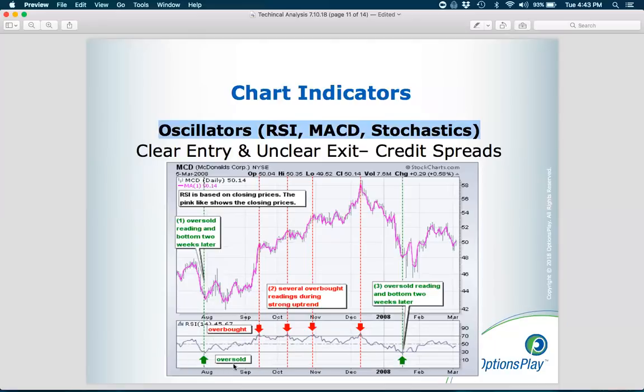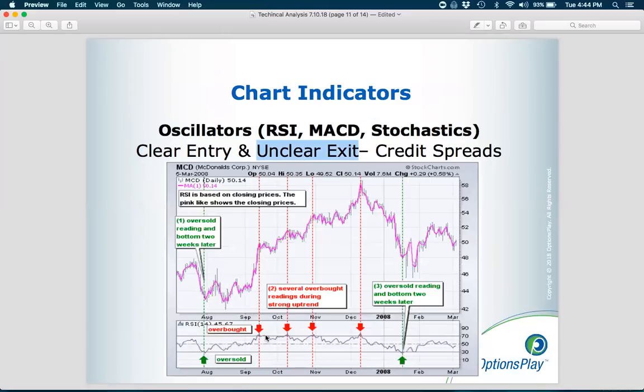If you use any of these oscillators, you see they tend to oscillate between two extremes. When it hits that upper extreme, that tells you that it's overbought. When it hits that lower extreme, that's telling you it's oversold. Now, the key thing about overbought and oversold is that it's a clear entry because it tells you exactly when something's overbought or oversold, but it has a very unclear exit, because just because something's overbought does not mean that it's going to go to a certain price.